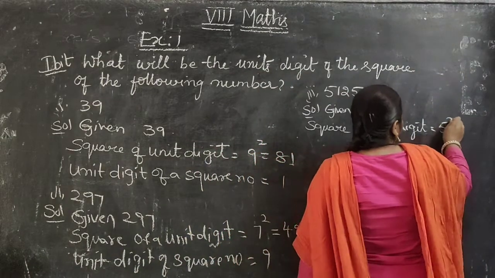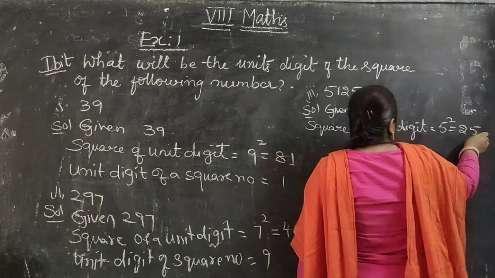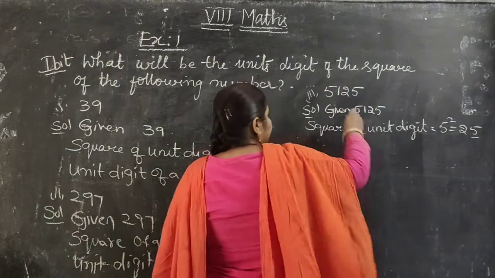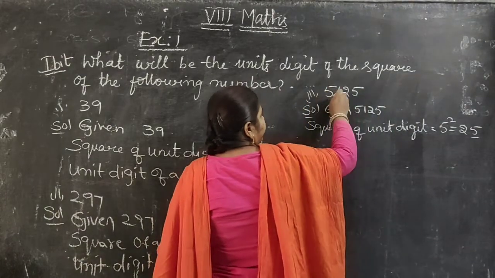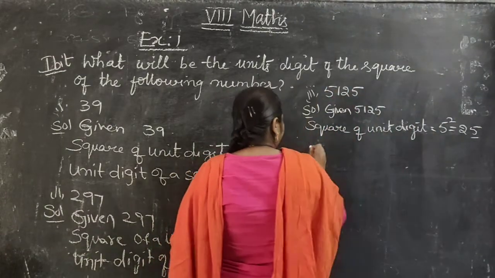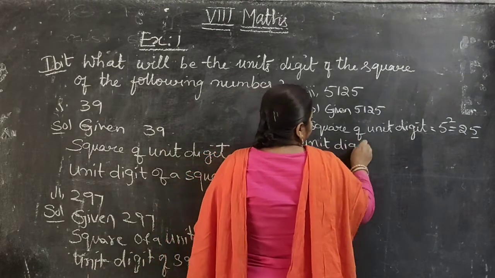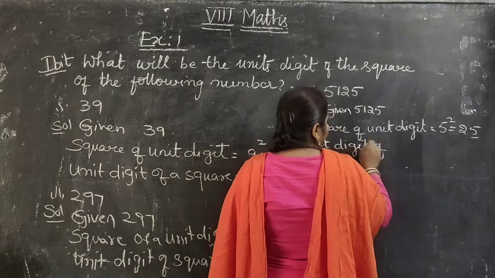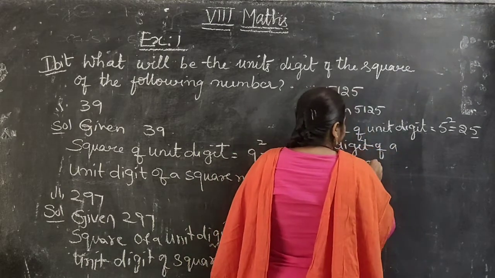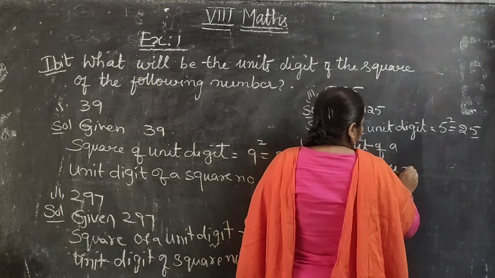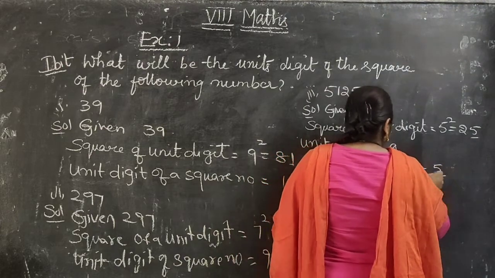So 5 square will be equal to 25. So what is the answer there? If you square 5125, again the unit place will be 5 only. So the unit digit of a square number is 5.